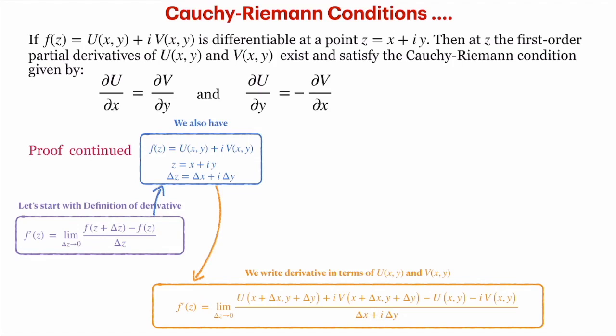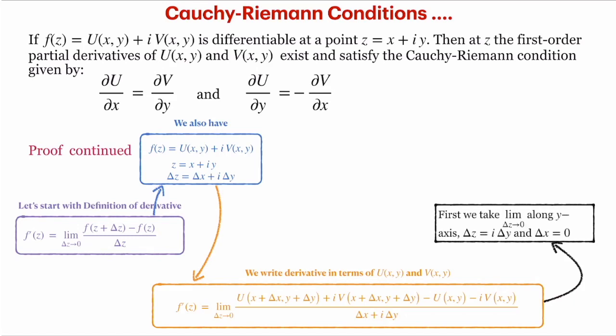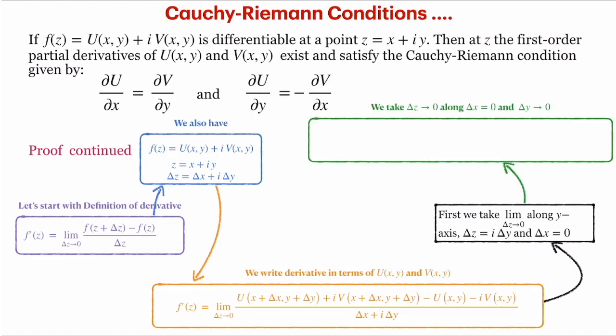So we have the definition and all the substitution. Now we take a different path. We take delta z to 0 along the y-axis, that is, delta z is equal to i times delta y, and delta x is 0. Now we substitute back and separate real and imaginary parts again.